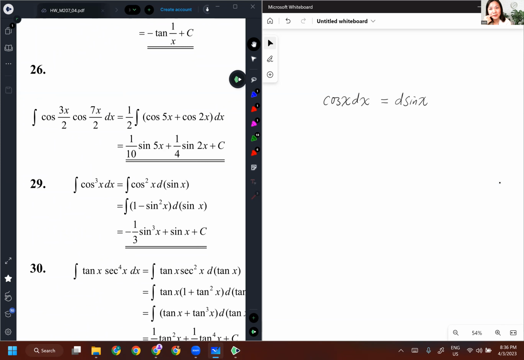Unless you don't think so, because I saw in your homework that some of you are not completely sure, but you should be able to. And the other one is secant squared x dx equals d tangent x.